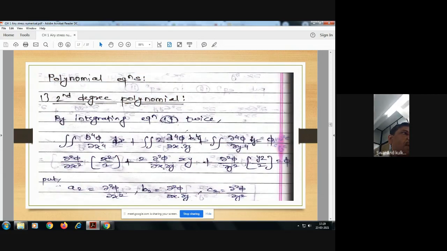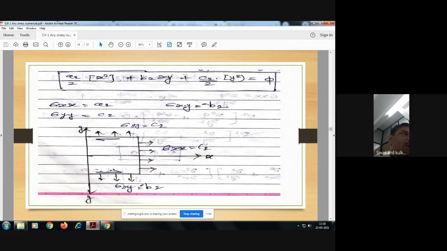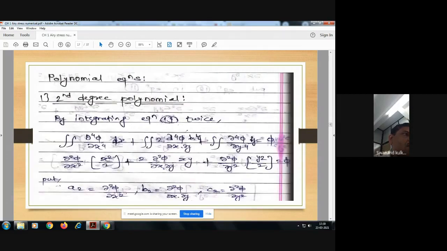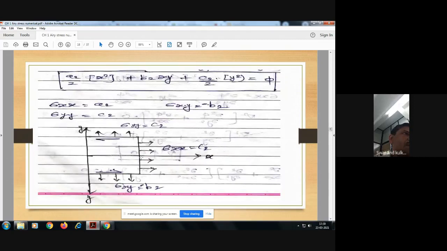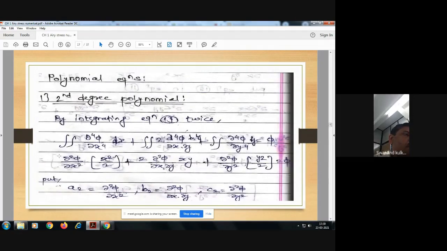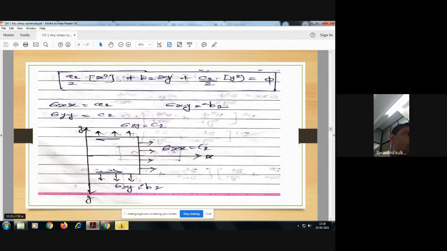So here if we put ∂²φ/∂x² equal to a², then ∂²φ/∂x∂y equal to b², and ∂²φ/∂y² equal to c² here, then we will be able to write this particular equation in the form that this basically has this 2 term present here, and if we divide the whole equation by 2, this will become 1 half, nothing will be here, and here also 1 half. So a²/2, this will become a²/2.